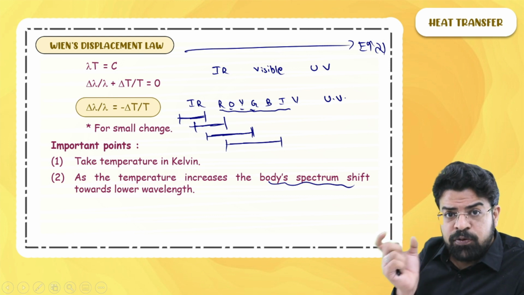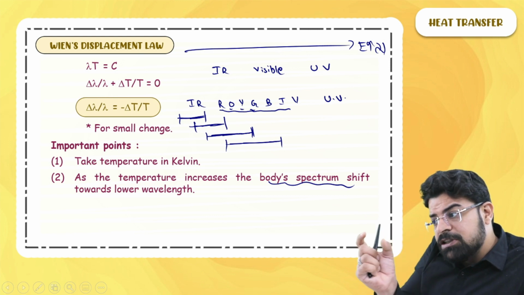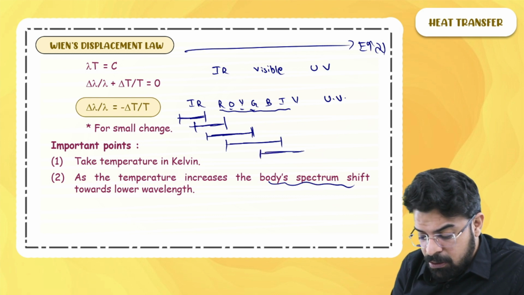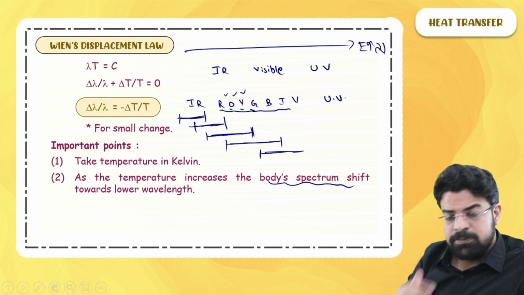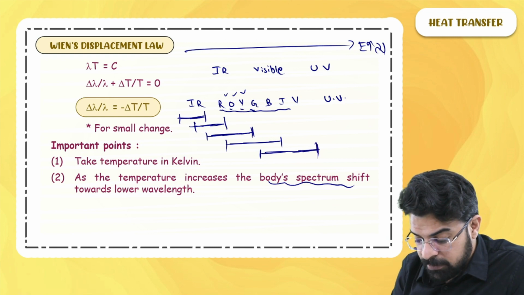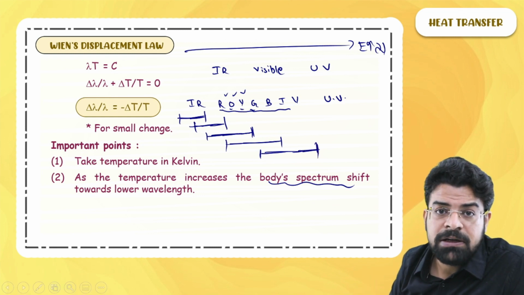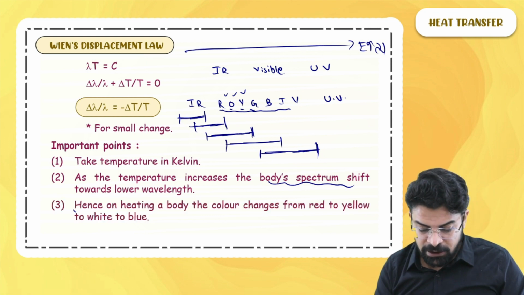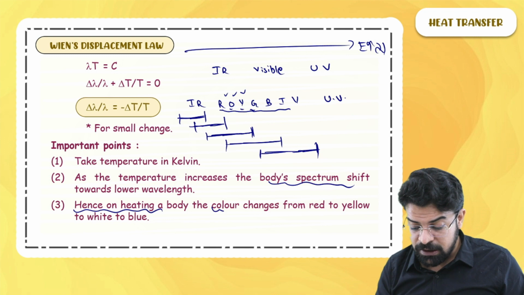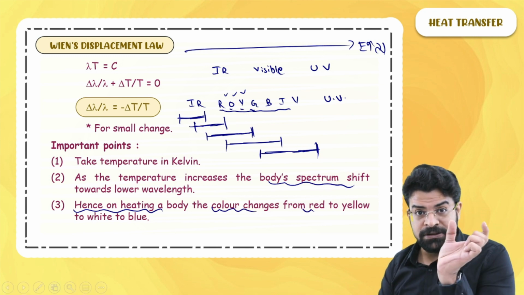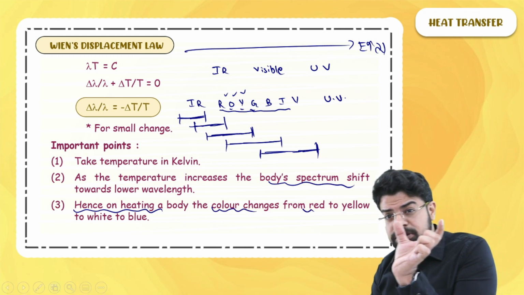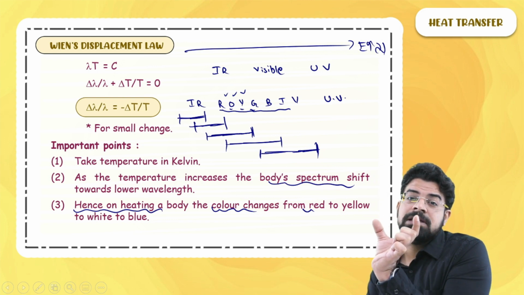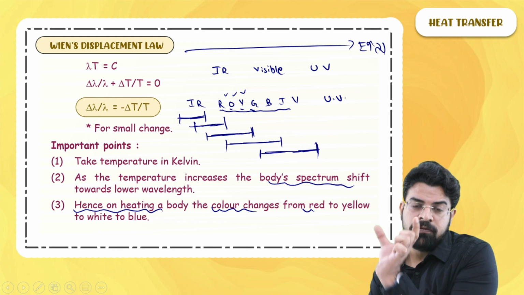If you heat it further, the spectrum keeps on shifting towards lower wavelength, and red, orange and yellow will go out of the spectrum and then you will see a blue color, and there will be some part of ultraviolet, but that is something you won't be able to see. So on heating a body, the first color you see is red, then yellow, then a mixture of all the visible colors which is white, then violet or blue types of colors.